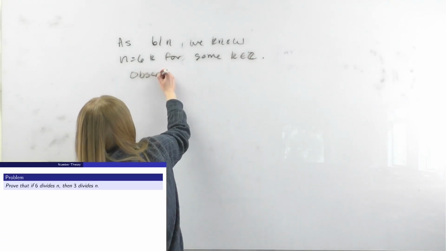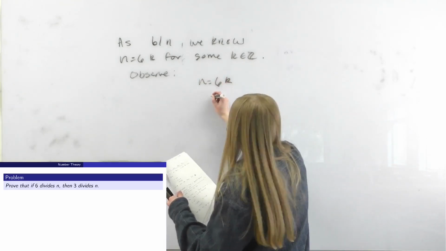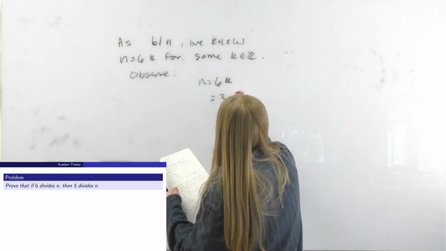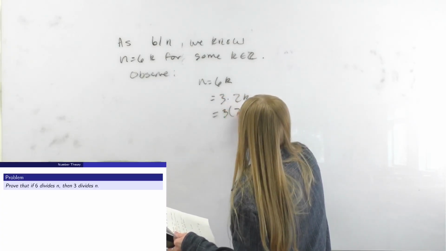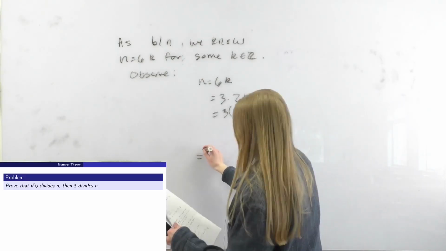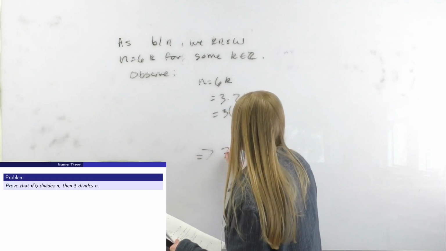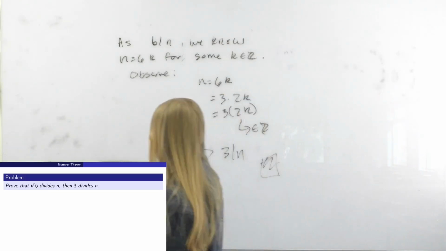Observe n is equal to 6k, which means that n is equal to 3 times 2k, which means that this is equal to 3 times some integer, which implies that 3 also divides n. QED.